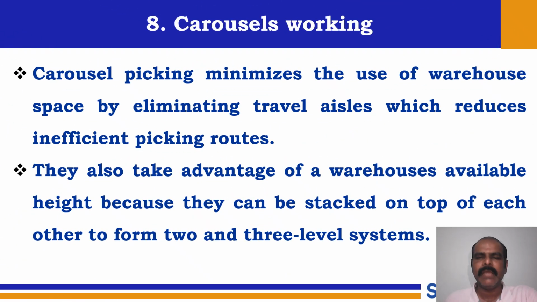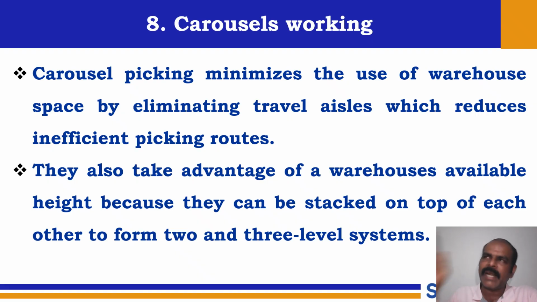Carousel picking minimizes the use of warehouse space by eliminating travel aisles, which reduces inefficient picking routes. So here we don't have any complex routing application. Rack 1, rack 2, rack 3, likewise we can dedicate for individual components, and now picking is very easy. There are some 10 racks and 12 products.